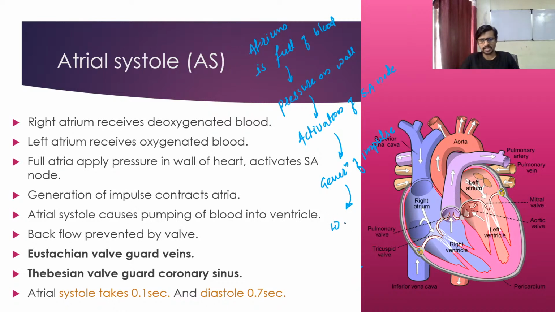These impulses are now running through the wall of the atria, and due to that we get contraction of the atrium. The contraction of the atrium is called systole.